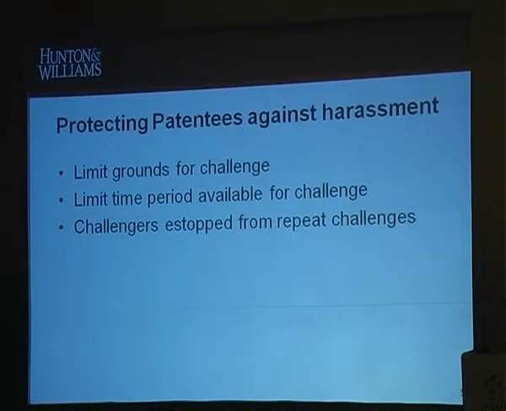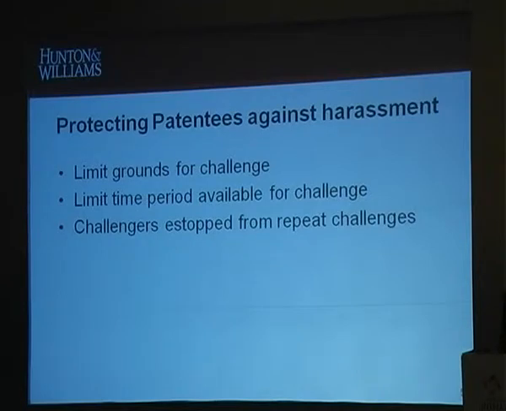Another way to limit the patentee's exposure is to limit the time period for challenge. Most countries have a very limited time during which you can file oppositions. Some are 3 months, some are 6, some are 9. But that means that once that period is passed, the patentee no longer has to worry about repeated challenges interfering with him doing the rest of his business.